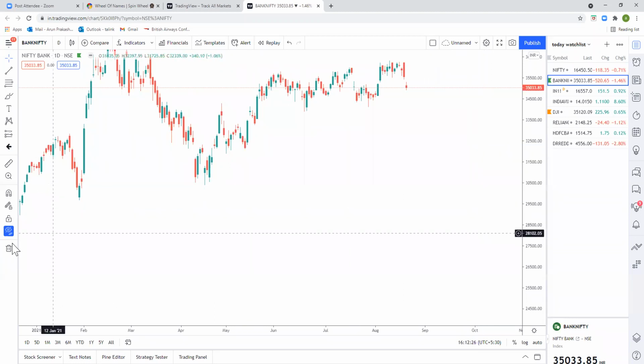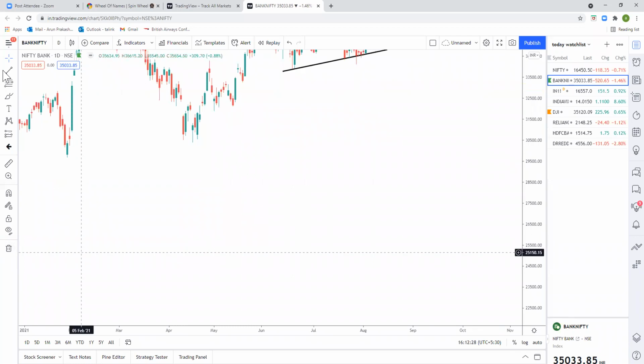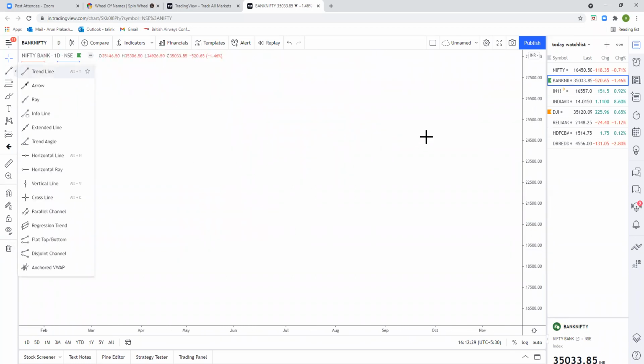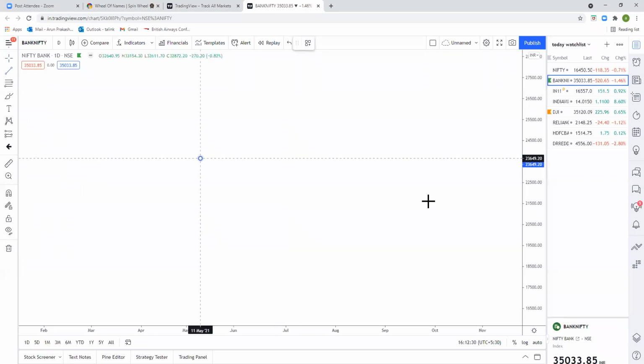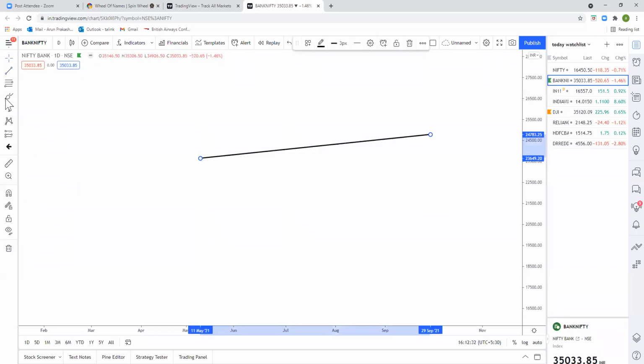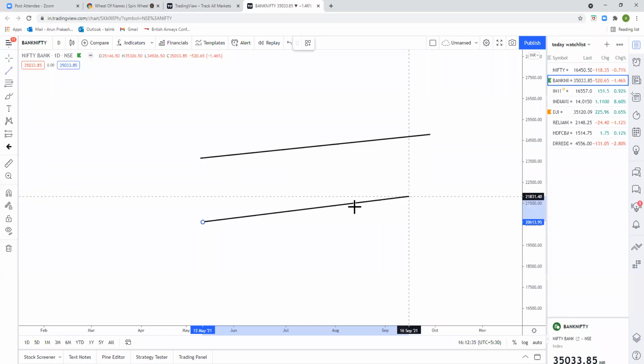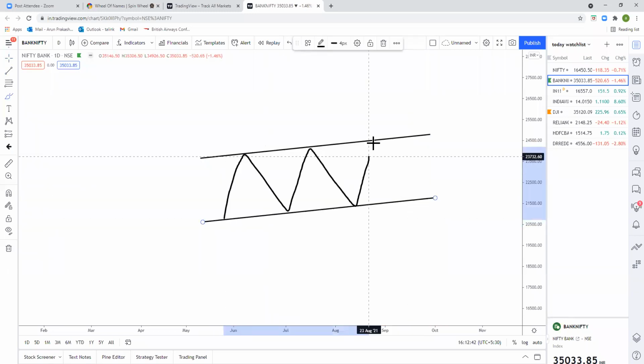For example, let's say you have drawn a channel pattern in any stock, and the stock keeps revolving within this channel, and suddenly it seems like it is breaking out. Now you want to identify whether this is a good breakout or a false breakout. Everyone will be having that question.